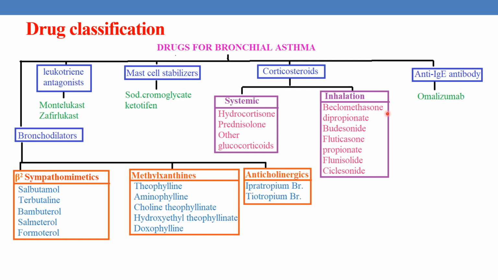Inhalational are beclomethasone dipropionate, budesonide, fluticasone propionate, flunisolide and ciclesonide. Coming to anti-IgE antibody, that is Omalizumab. Apart from bronchodilators, we will discuss all the other classes.